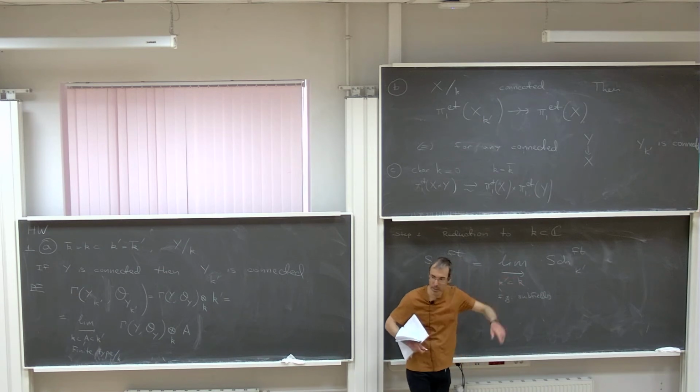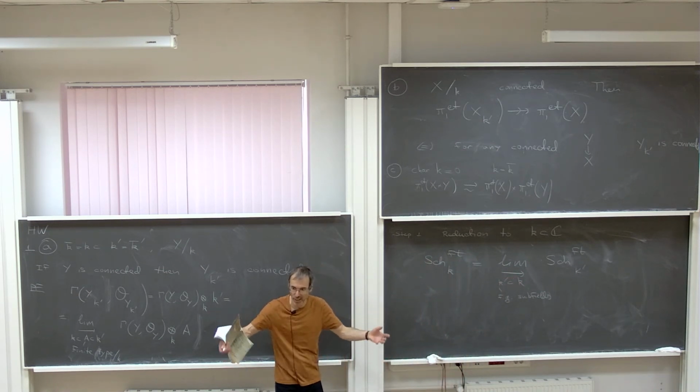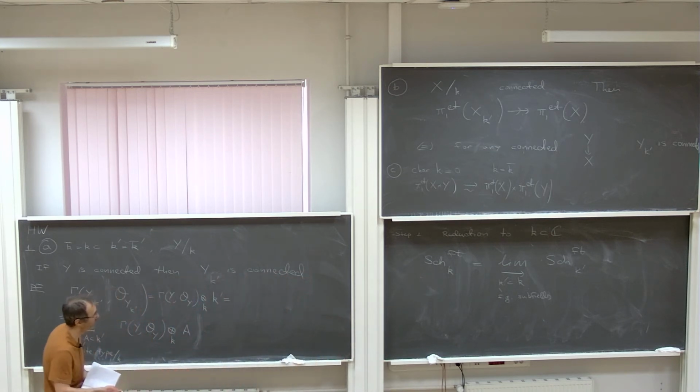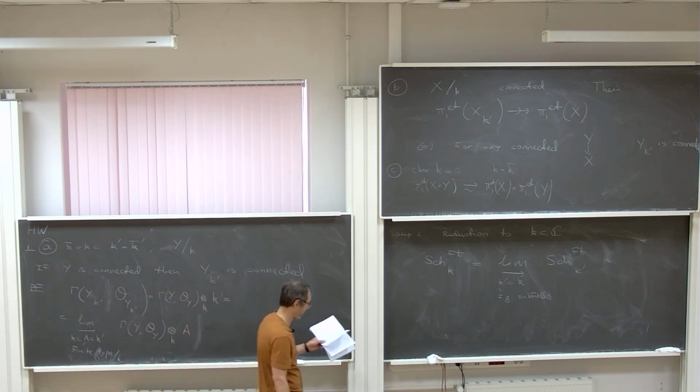So your algebra is obtained: you can write the same generators and same relations, but over K prime. And then you reduce the general case to affine by choosing covers.